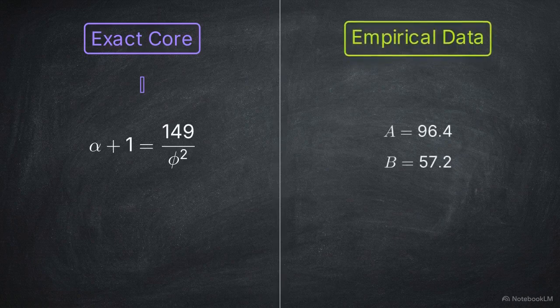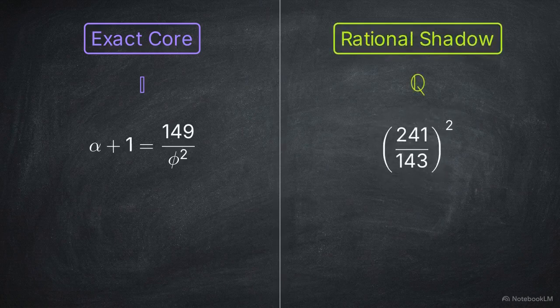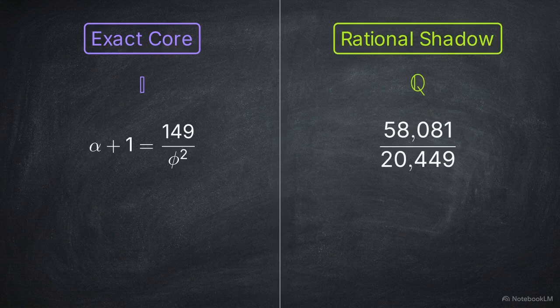On the right side, we stop treating 96.4 and 57.2 as decimals and expand them into their exact fractional equivalents, 482 over 5 and 286 over 5. When we square the ratio of these exact fractions, the output is forced to be strictly rational. The result is the massive fraction 58,081 over 20,449.